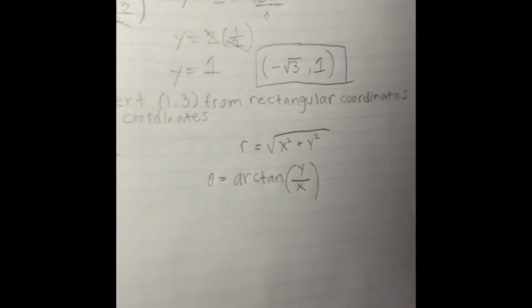So first we are going to find what the radius is. So what r is. So x is equal to 1 and y is equal to 3. So we have r is equal to the square root of 1 squared plus 3 squared. That's how we're starting off.